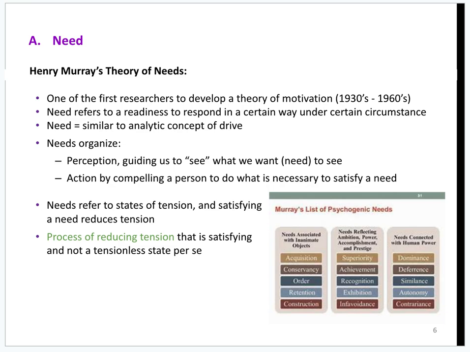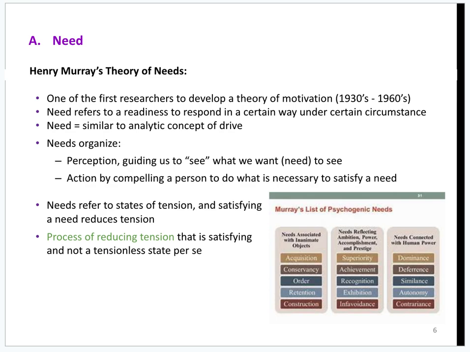So the first thing we need to talk about is need. There's need and there's press in this section. So Murray's theory of needs. He was the first researcher to develop the theory of motivation, 1930s to 1960s. It's similar to the concept of drive.